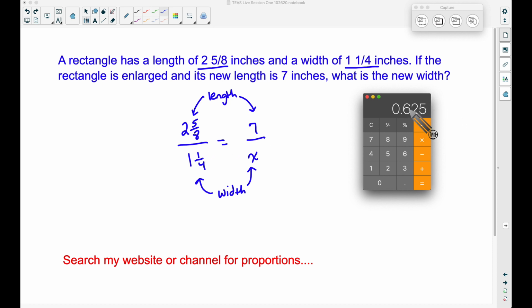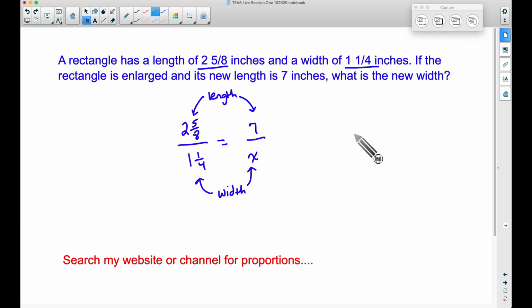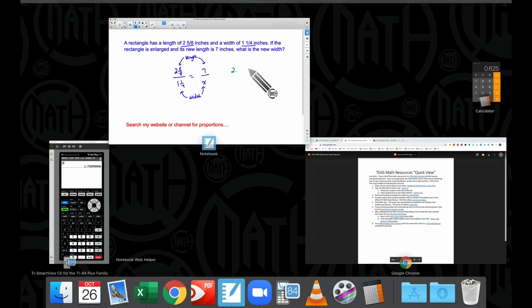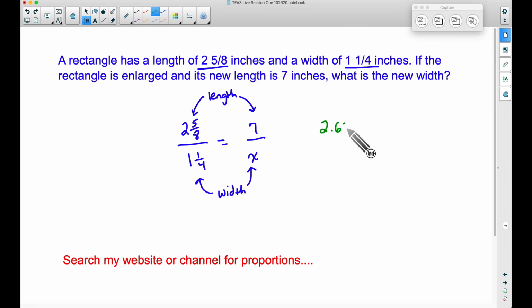If you can get a decent decimal, like 0.625, and again, that came from 5/8, we can really rewrite this as 2.625. That is the exact same thing as 2 and 5/8, 2.625.